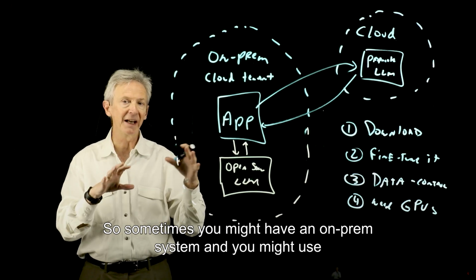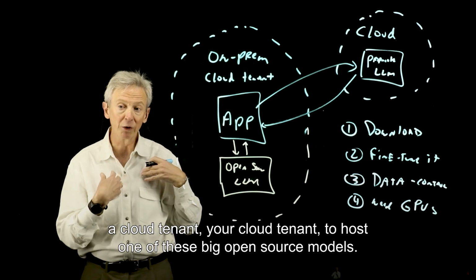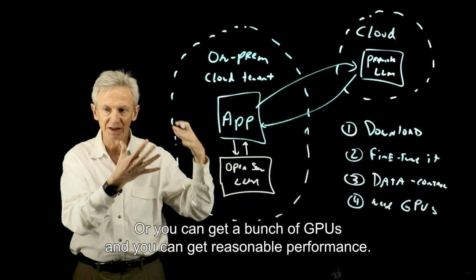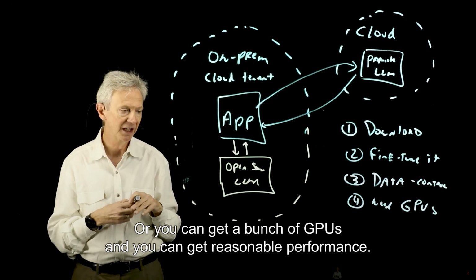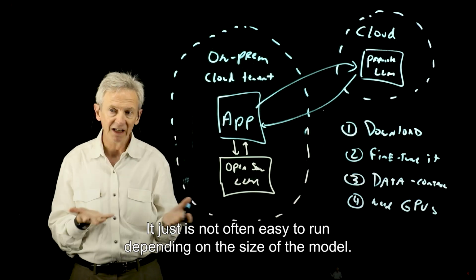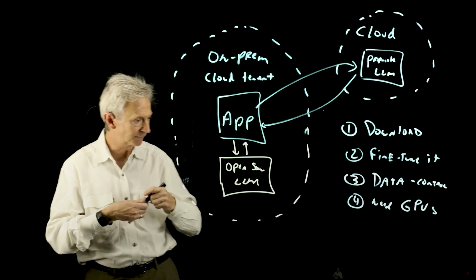So sometimes you might have an on-prem system, and you might use a cloud tenant, your cloud tenant, to host one of these big open source models where you can get a bunch of GPUs and you can get reasonable performance. But it's still within your environment. It just is not often easy to run, depending on the size of the model.